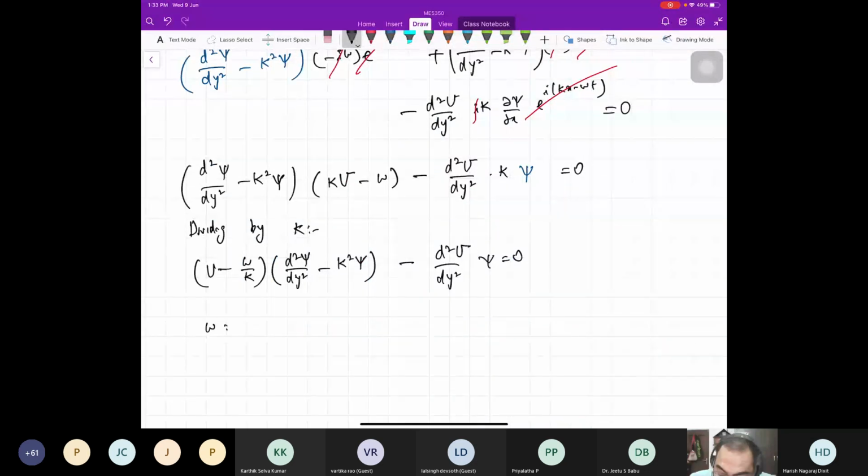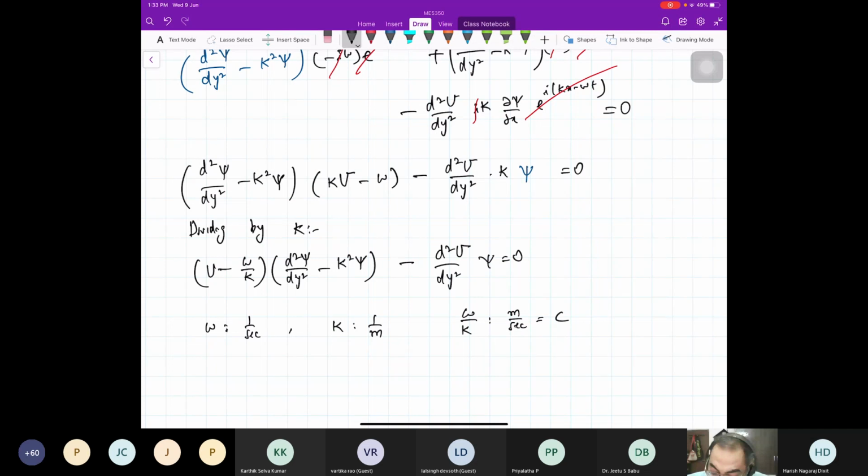Omega is like a frequency, it has units of 1 by second, and k has units of 1 by meter, it's a wave number. So omega by k has units of meters per second.